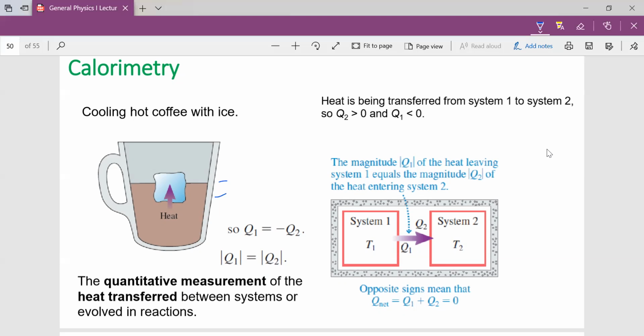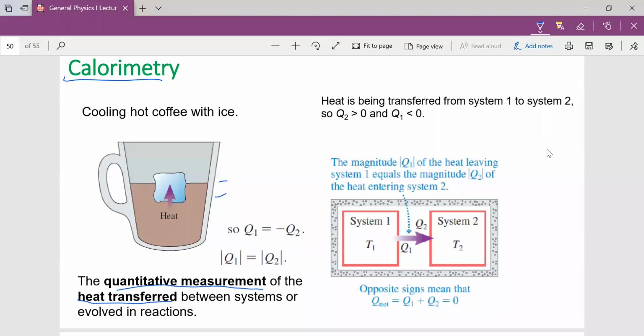So you see, calorimetry is actually the quantification measurement that is done to that process of heat transfer. So we say that the quantitative measurement of heat transfer is what we refer to as calorimetry, majorly between systems in interaction that bring about heat transfer.